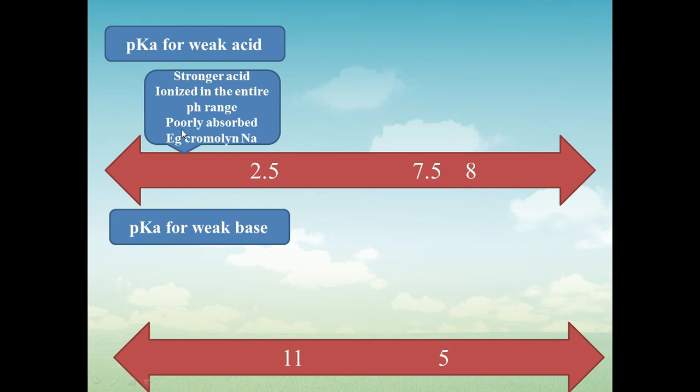If your drug is a strong acid in nature, then the strong acid is ionized in the entire pH range and poorly absorbed. Whatever the pH in your GI tract, the strong acids will get ionized, and all of you know that the ionized form is poorly absorbed compared to the unionized form, so the stronger acid will remain poorly absorbed at any pH range in your GI tract.